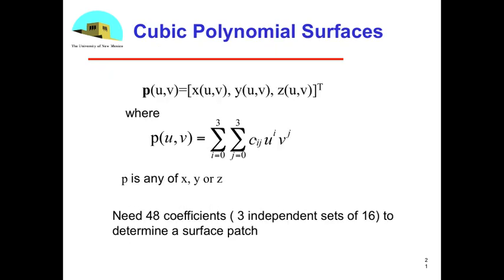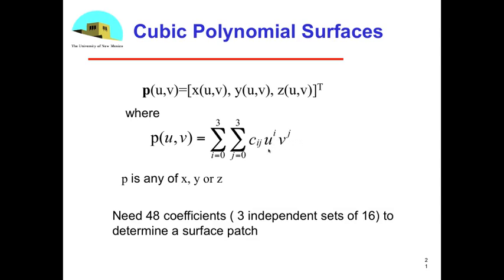Now, finally, for this lecture, a surface just goes to a form that has a second parameter v. A cubic polynomial surface, called a bicubic because it's cubic both in u and v, has all the possible terms for u to powers 0, 1, 2, and 3.